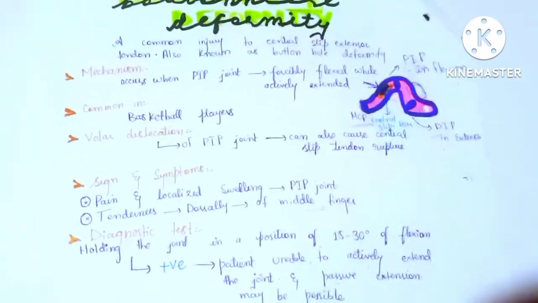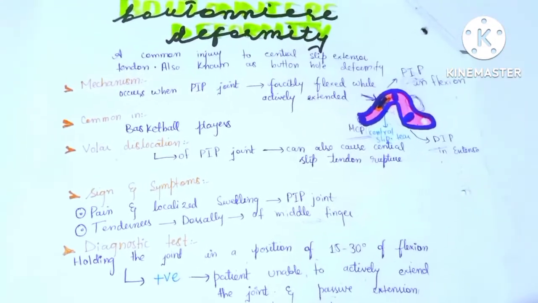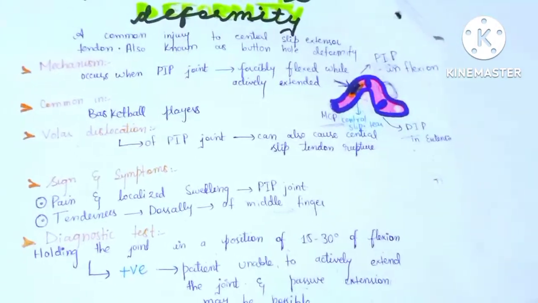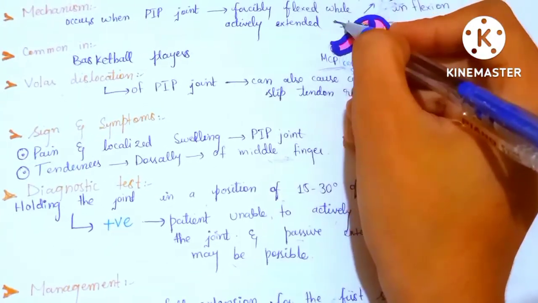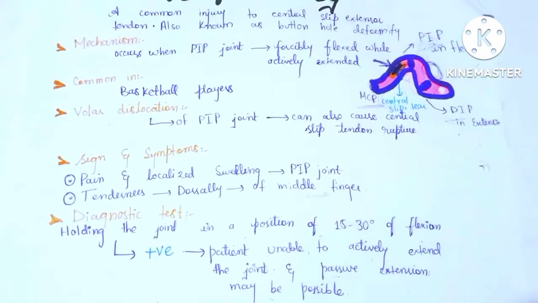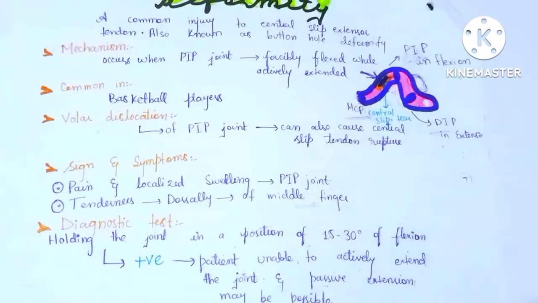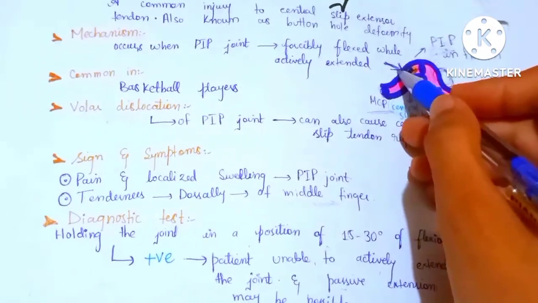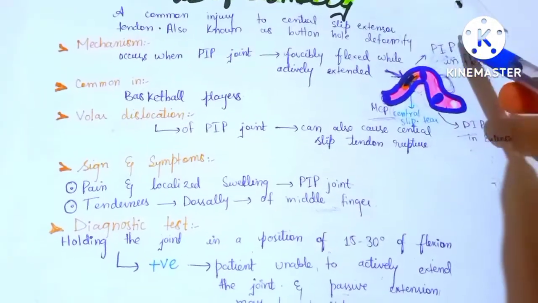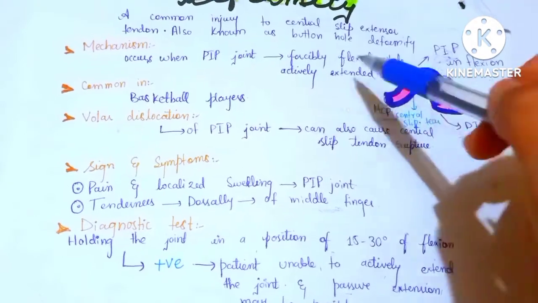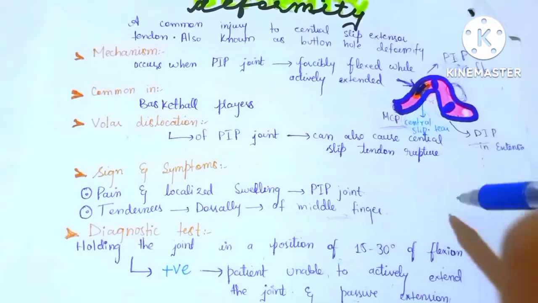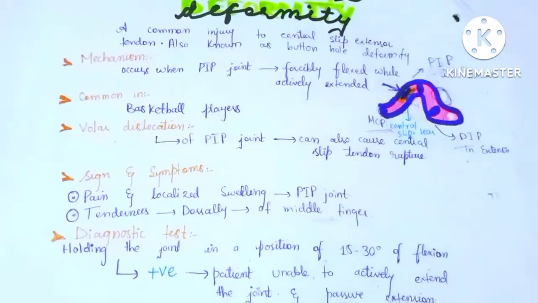During sports, when your fingers are fully extended, a sudden impact or force from the back side of your hand near the PIP joint can cause a forceful flexion while the finger is already actively extended.